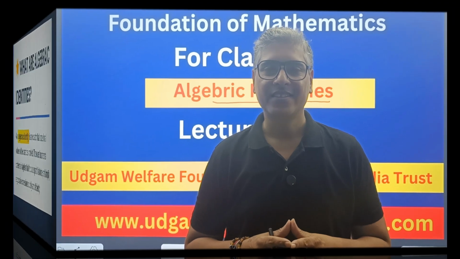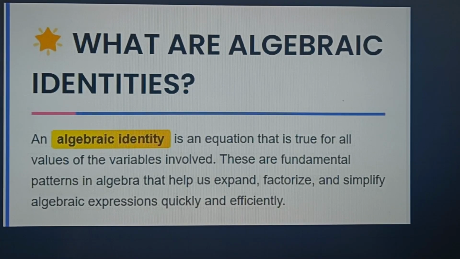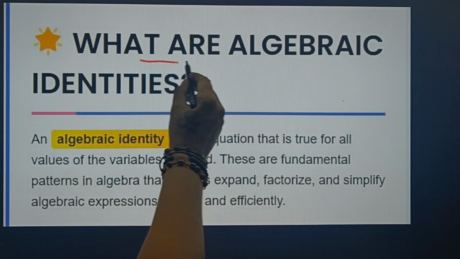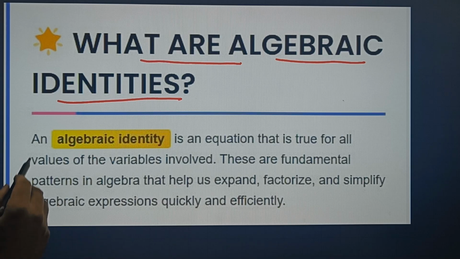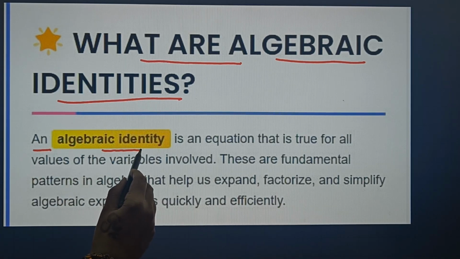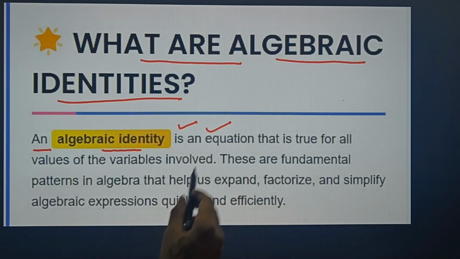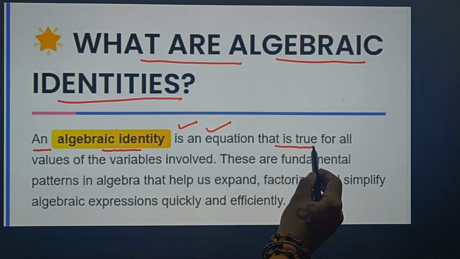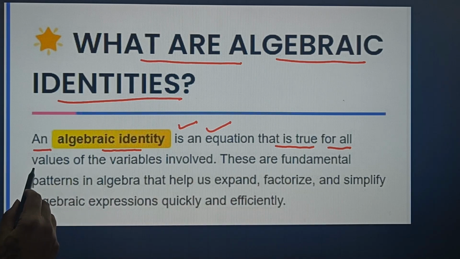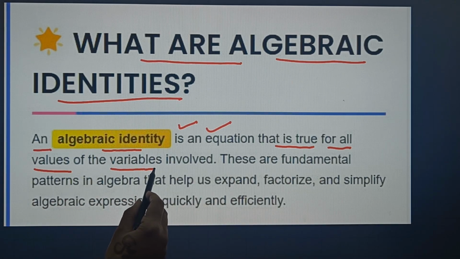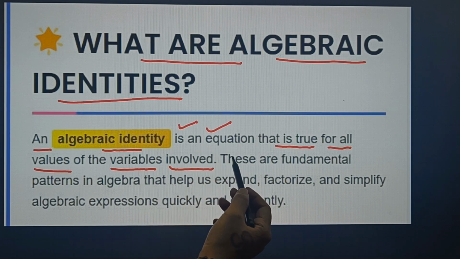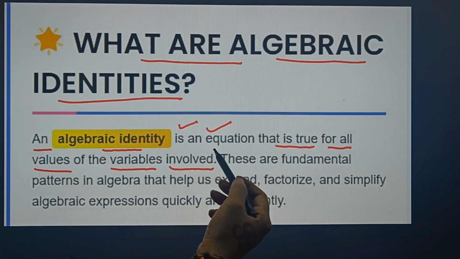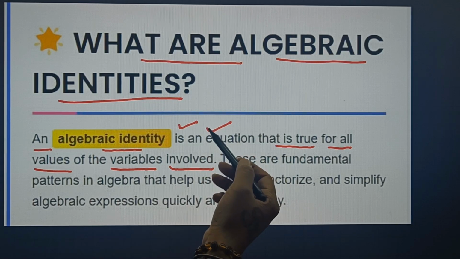So let's start. Let's first understand what algebraic identities are. An algebraic identity is an equation that is true for all values of the variables involved. We are going to discuss examples of these algebraic identities later in this video.